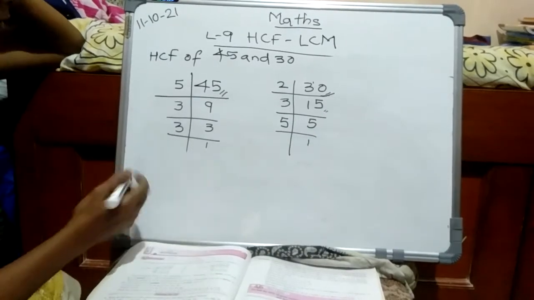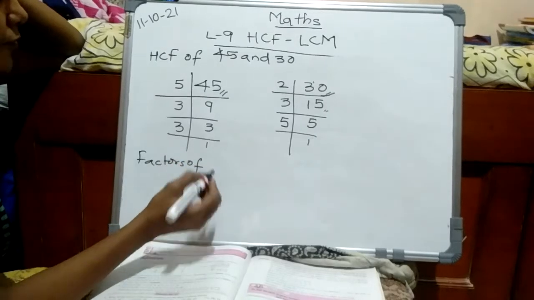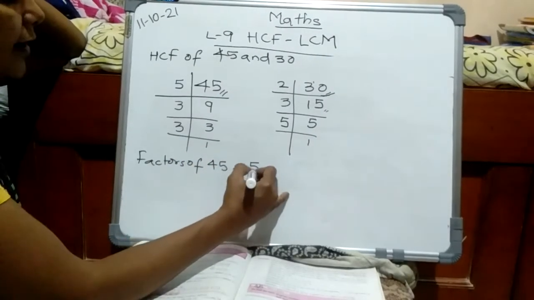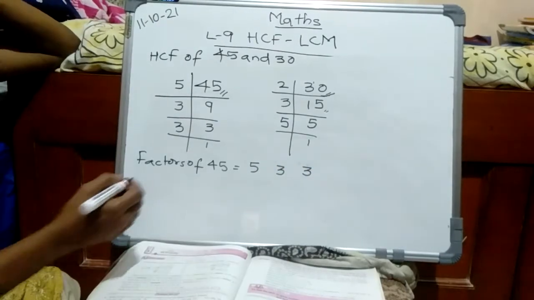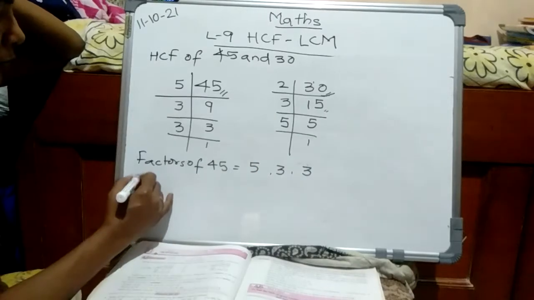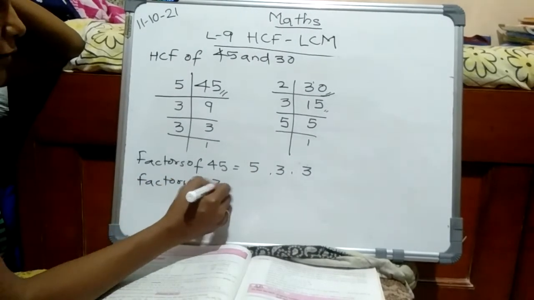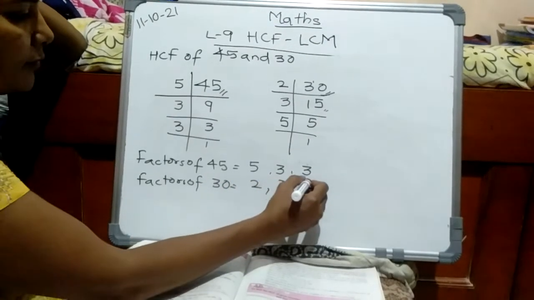Now here we will write the factors of 45. They are 5, 3, 3. Then the factors of 30 are 2, 3, 5.